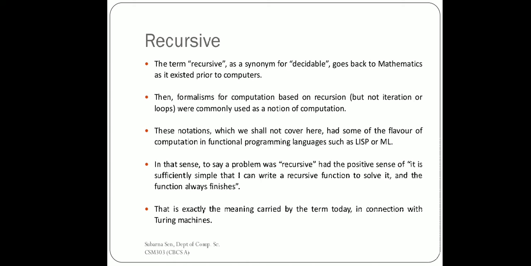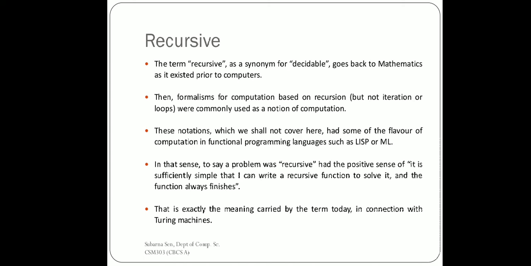Here we are concerned with those algorithms which are decidable and which are not: for a particular problem, whether the algorithm exists or not, whether this problem can be solved, or whether an algorithm for this problem can be defined or not. Those problems for which we can define an algorithm are called decidable, and those for which we cannot are called undecidable problems. Fine. So we know what recursion is, we have learned it.